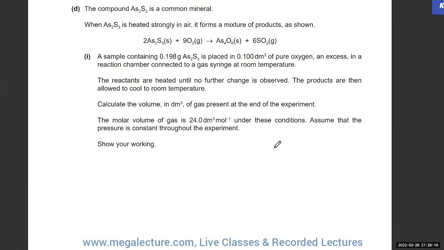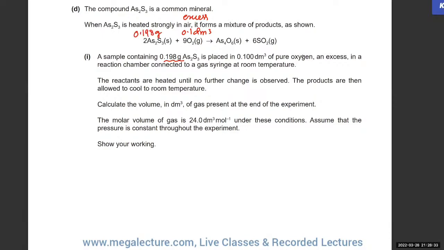It's heated strongly, and a sample containing this is placed in 0.1 dm3 of pure oxygen in excess. So this is 0.1 dm3, but remember this is excess oxygen. As a calculation again, this is 0.198 grams.